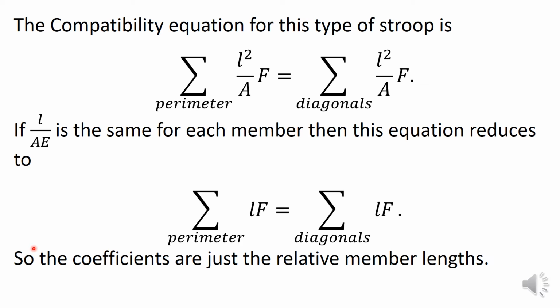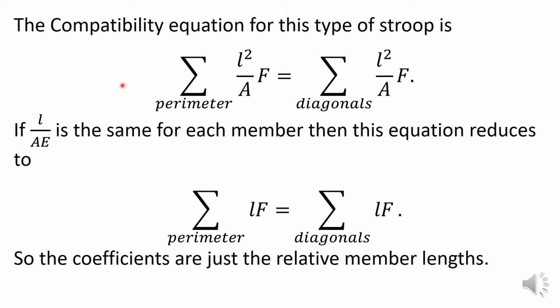Once we have obtained the combined forces, those superposed forces, we can write down the compatibility equation. Now, we've seen this type of Stroop in my earlier video on trusses and Kirchhoff's laws, and we obtained the compatibility equation for this type of Stroop.